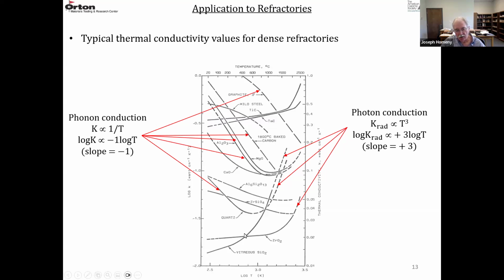Vitreous silica starts out low because it's a glass, it's an amorphous structure, but then the photon or radiation conduction takes over. And we didn't mention that glasses have much lower phonon conduction than crystalline materials because of the highly disordered structure.